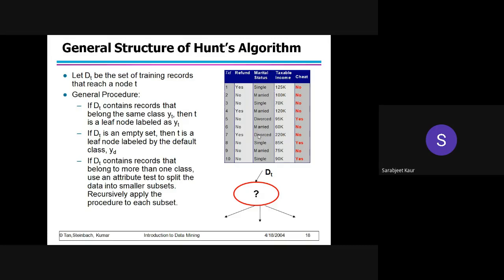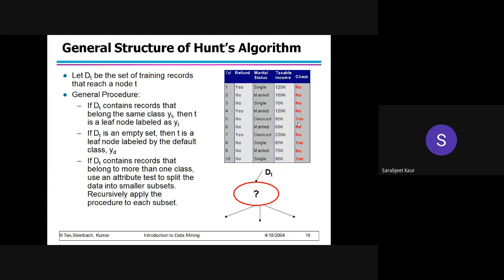But if we had mixed cases, so we had data and the data belonged to multiple classes, and therefore we still needed to build more levels of the decision tree to reach a particular decision.